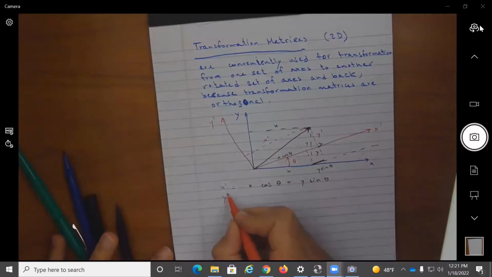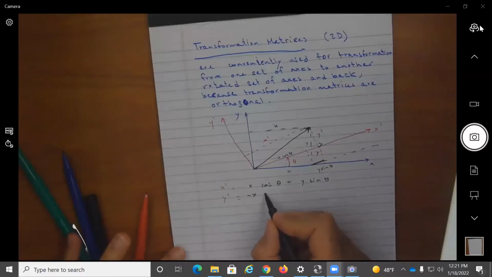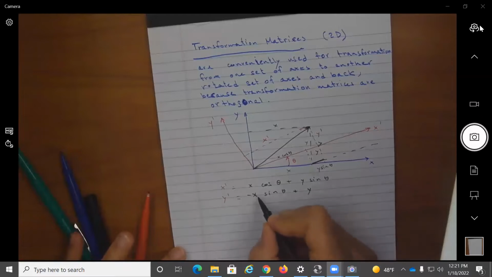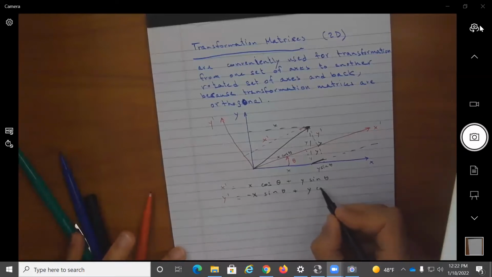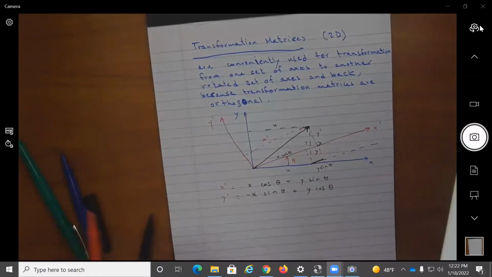Likewise, we can show that Y prime from the geometry is equal to minus X sine theta plus Y cosine theta. So this is my Y prime.